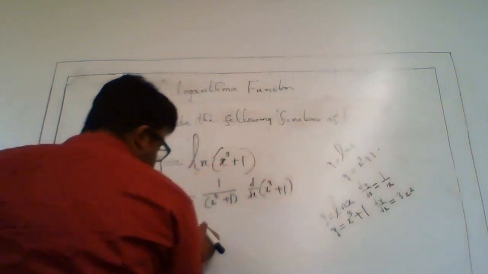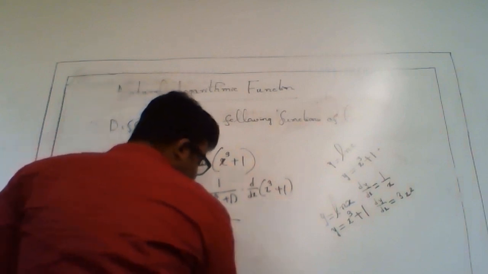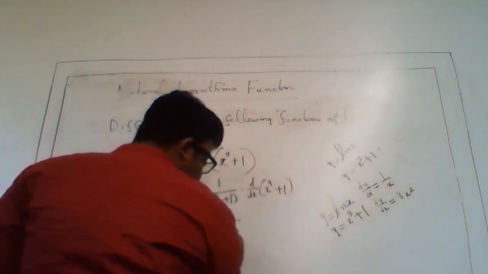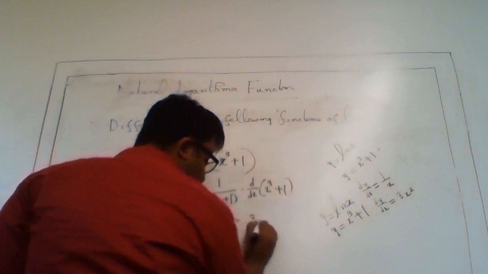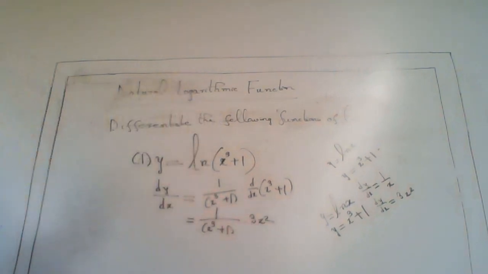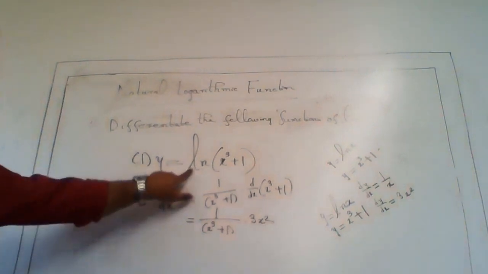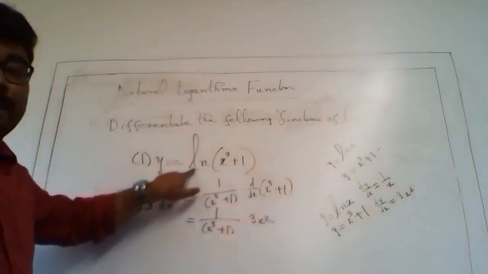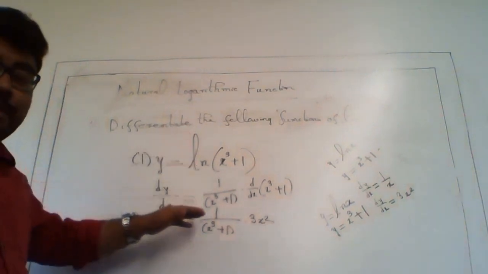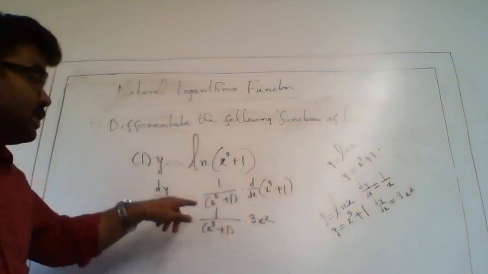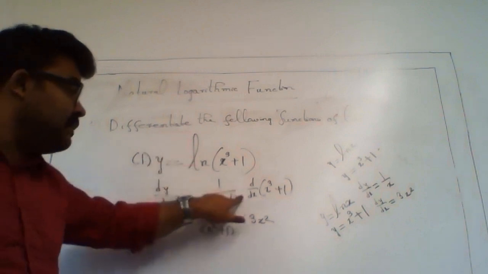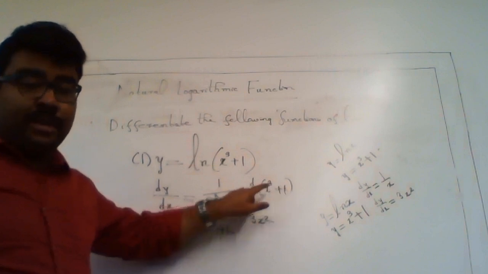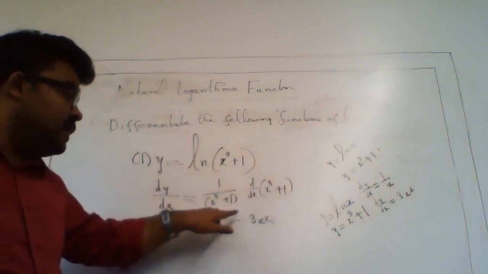So it should be 1 over x cubed plus 1 times 3x squared. So this is how you do it. It's very, very simple.